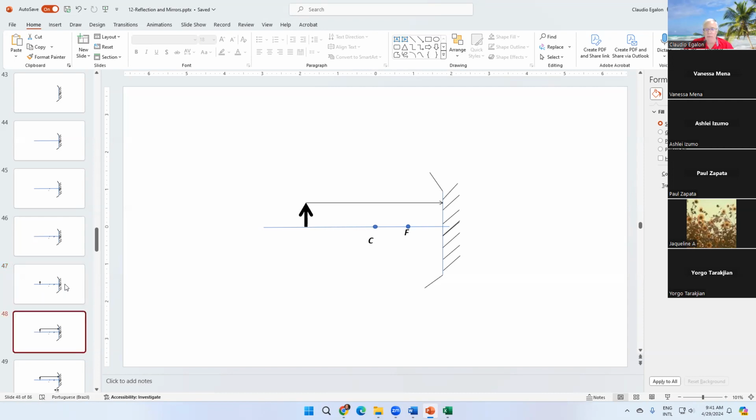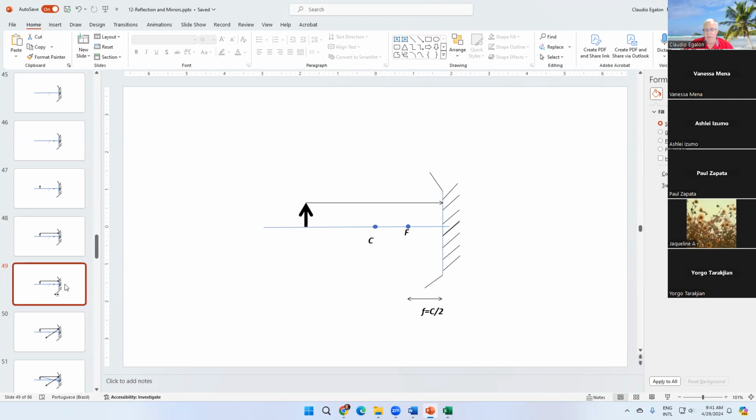We usually start with the light rays that are parallel to the axis. Those light rays, we say they are collimated light rays. Don't forget, those light rays have to reflect towards the focal point.